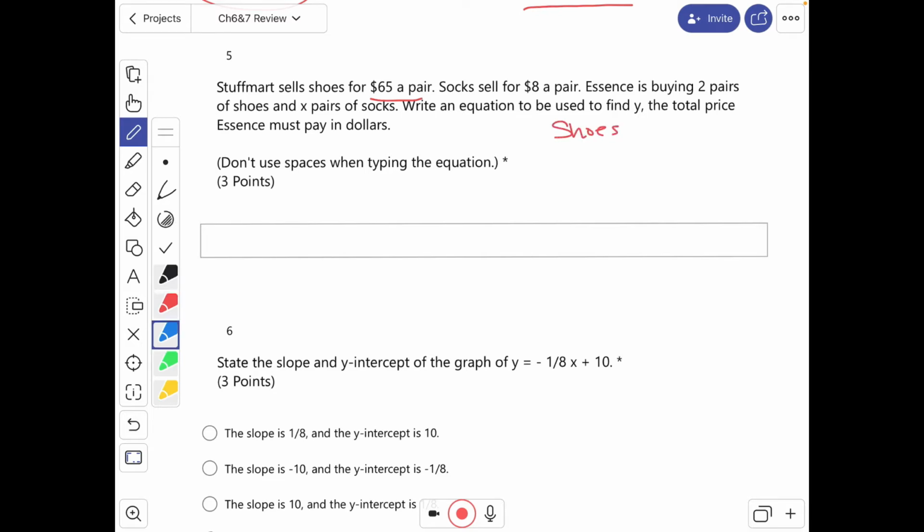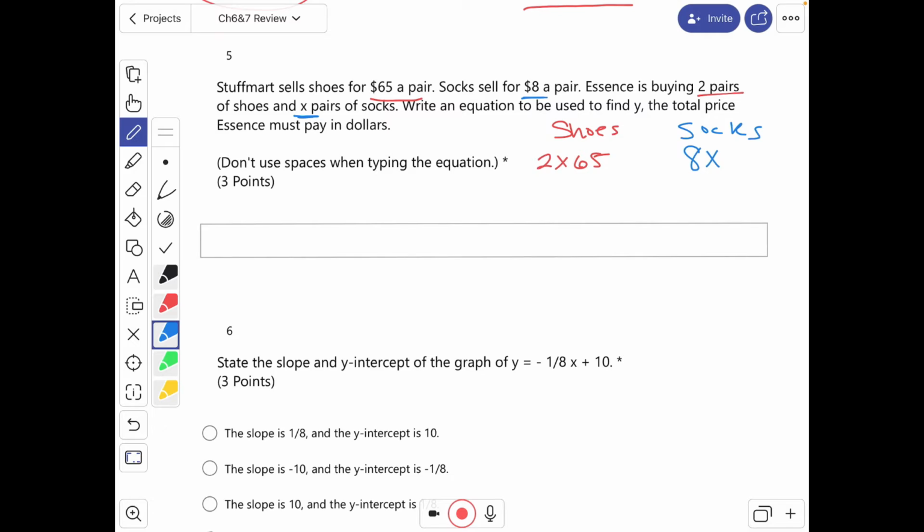She's going to buy shoes and socks. It says she's going to buy 2 pairs of shoes. So 2 pairs times 65. Then it says she's going to buy the socks. And it doesn't say how many pairs of socks. It just says X. So then that would be 8 times X.